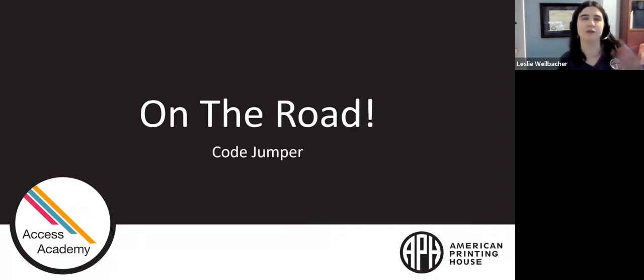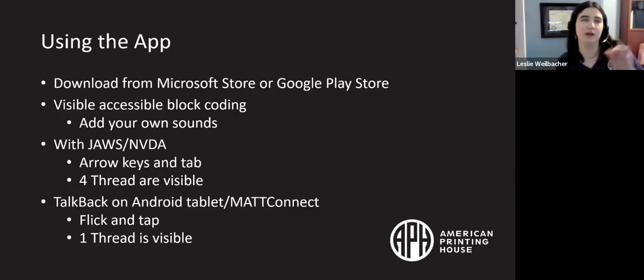So on this road, with the app, you can download it from the Microsoft Store or the Google Play Store. It is visible, accessible block coding on your screen. You can add your own sounds. Like I said, Jason, I know, likes to add sound effects from Star Wars, which is fun.